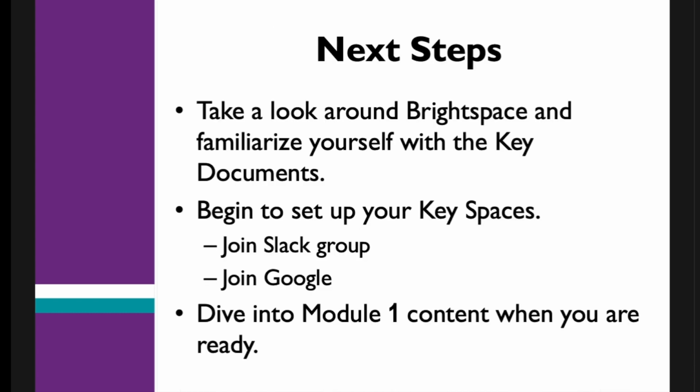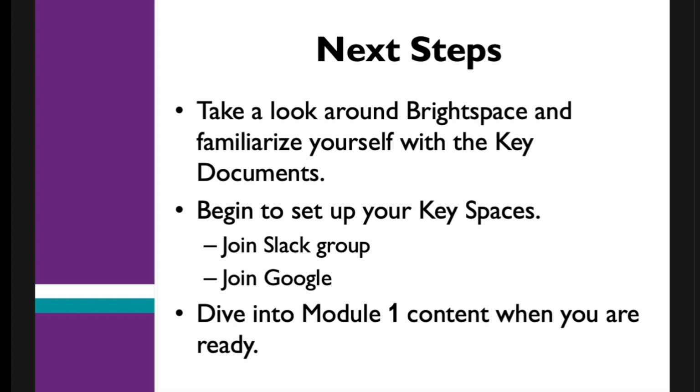Now that you have a better idea of how our course will operate, here are your next steps. First, take a look at the Brightspace site and familiarize yourself with the key documents. Review the weekly schedule, take a look over the choice boards, and also the self-assessment portal so you understand how you will be evaluated.